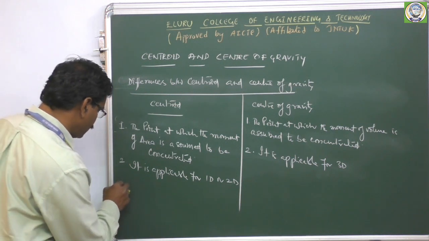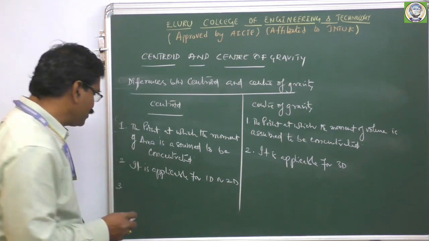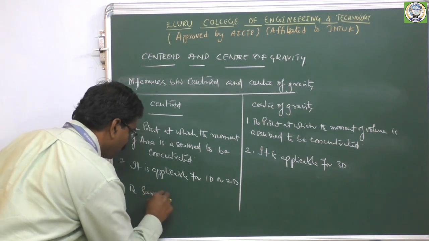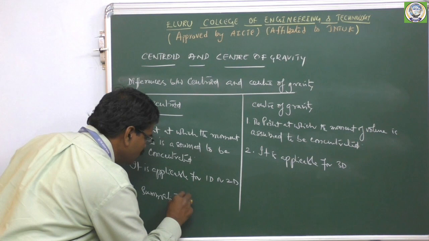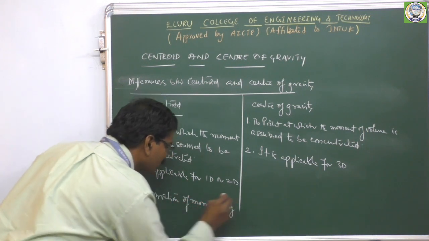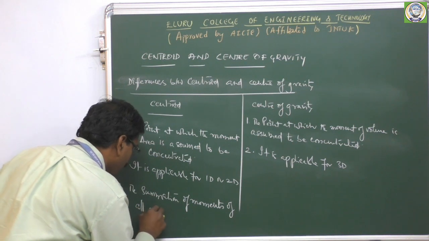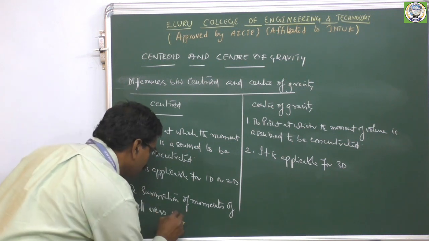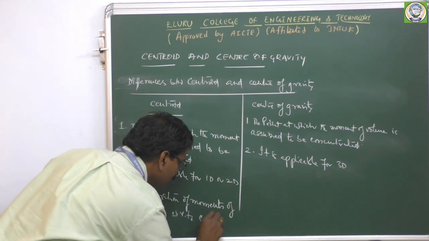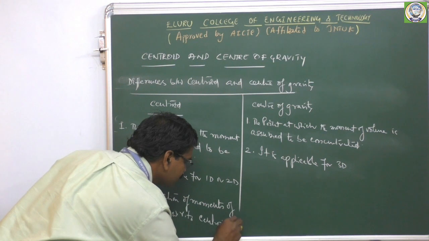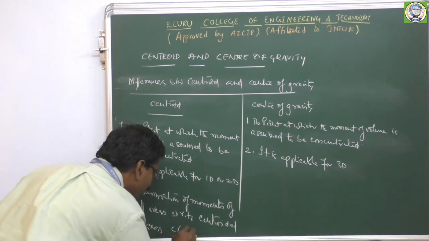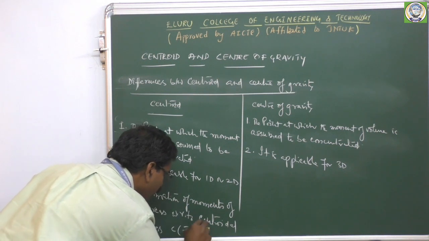The third difference in centroid is the summation of moments of all areas with respect to centroidal axis, C of x bar comma y bar.